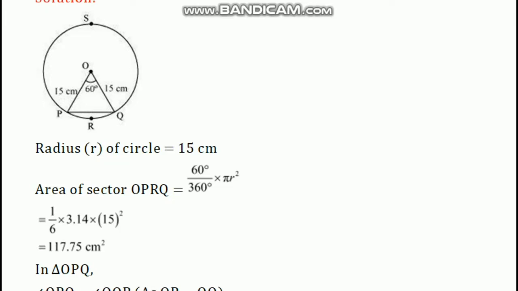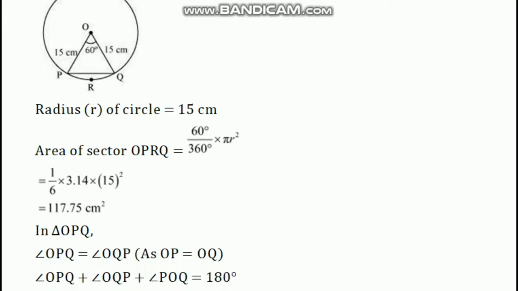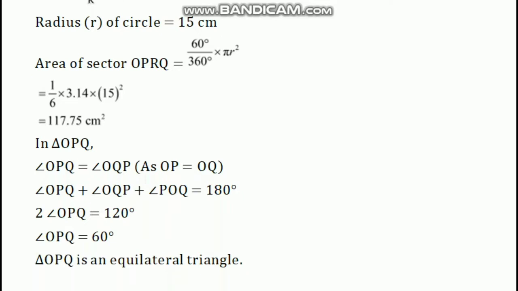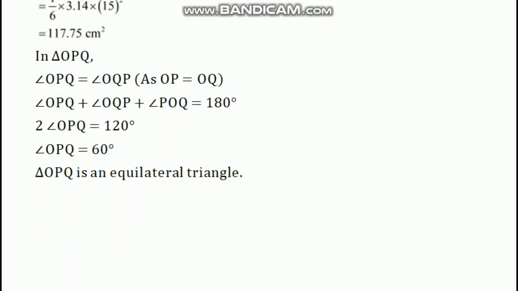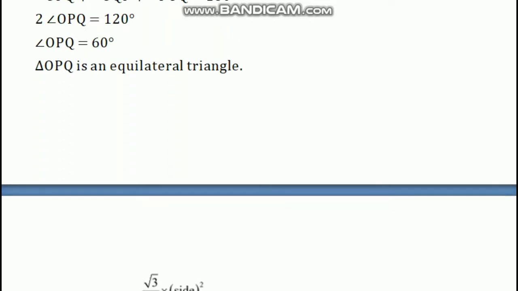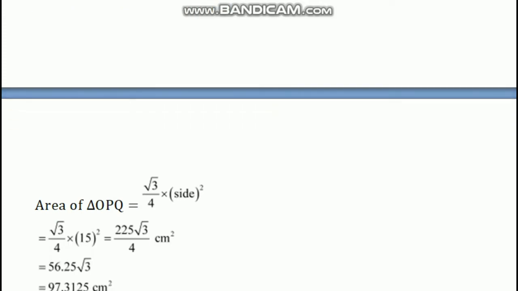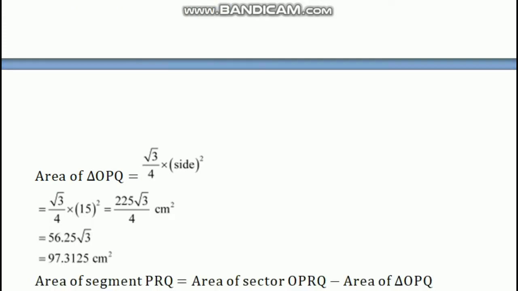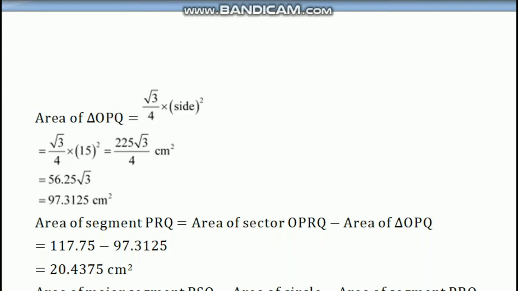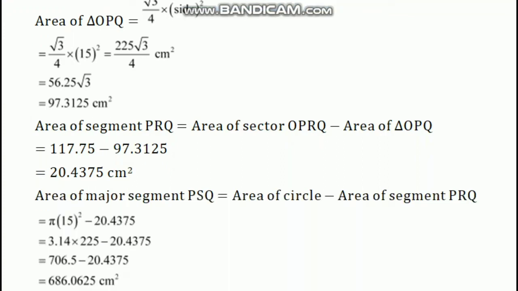So you know how to find out the area of an equilateral triangle. The formula is square root of 3 by 4 into side square. Then the side we know is 15.